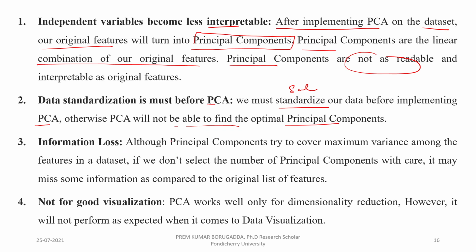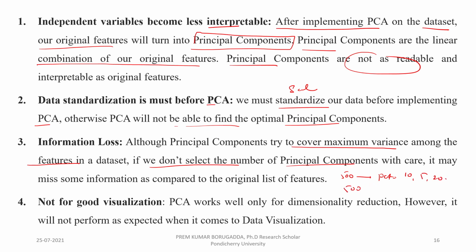And information loss. Principal components try to cover the maximum variance among the features in the data. If it is 500 features in the data, you can convert it into a lower dimension. Here we have to select the number of principal components, for example 10, 5, 20, like that.